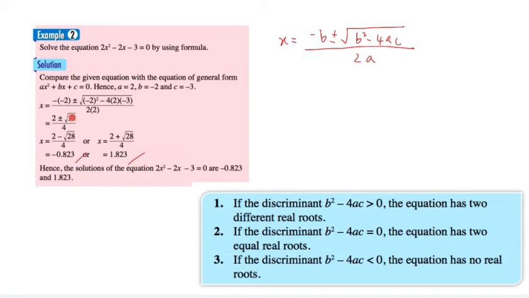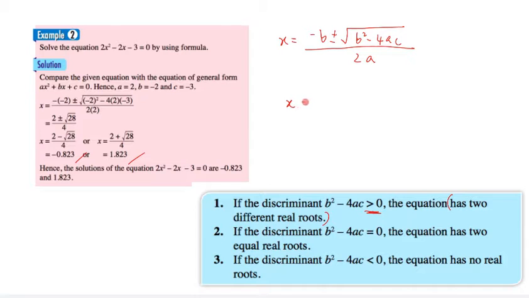So if the inside is more than 0, you get two answers. That means if the discriminant, b squared minus 4ac, is more than 0, you have two different real roots.